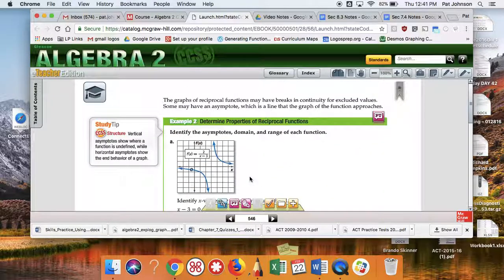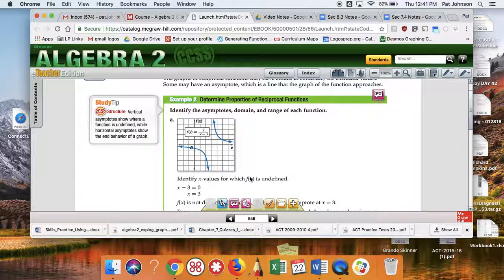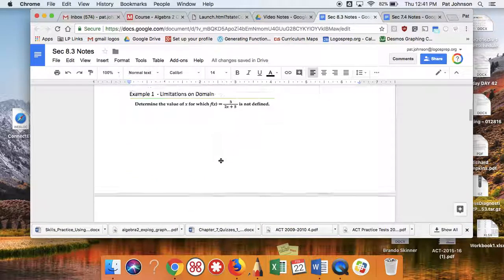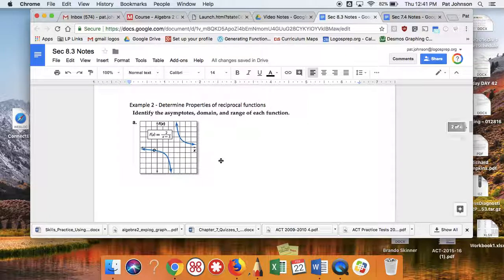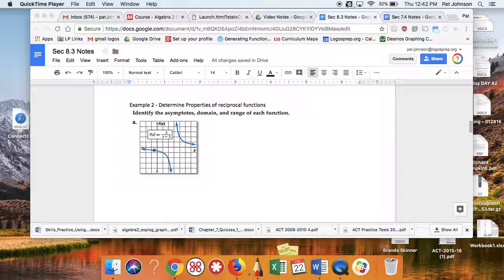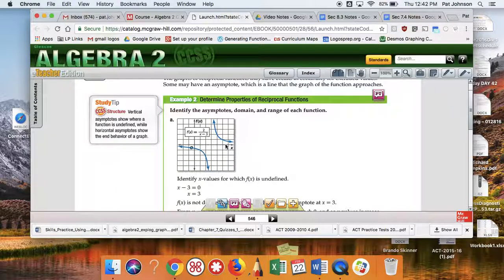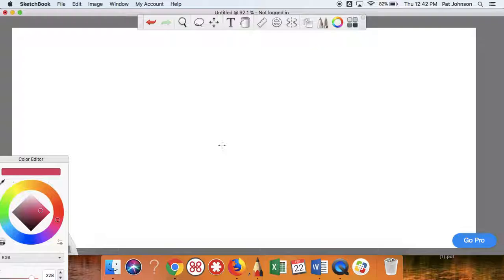All right, so example 2 says identify the asymptote and the domain or range of each function. Again, you can follow along here. So let's look at it. They give us both the graph and the function as well. So we see it looks like both this part and this part are approaching the x-axis, which would determine that we have an asymptote at y equals 0.